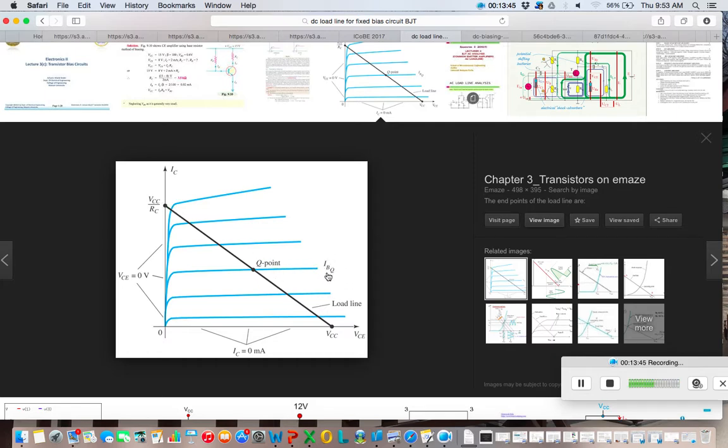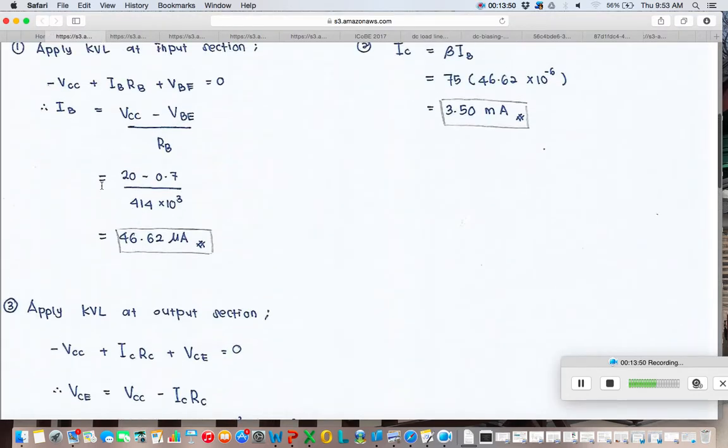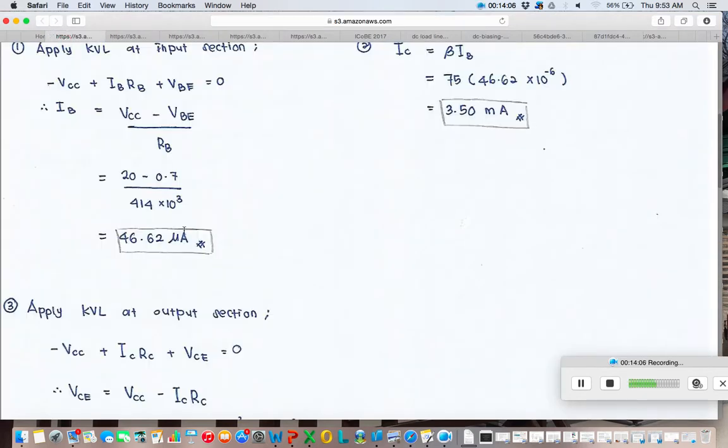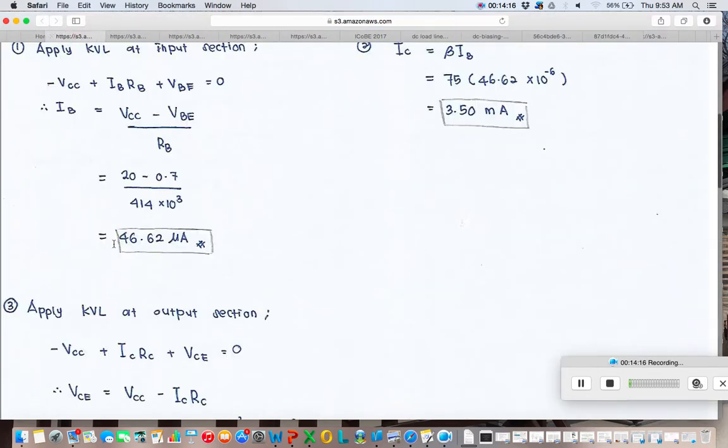Once you calculate the IB, in this example, IB equals 46.62 microampere, you imagine the IBQ here is this amount, 46.62 microampere.